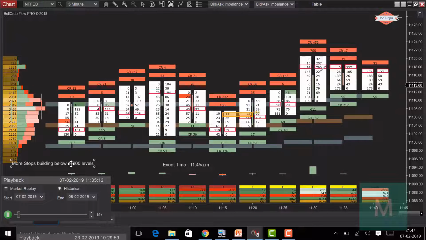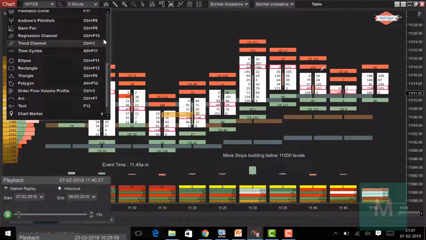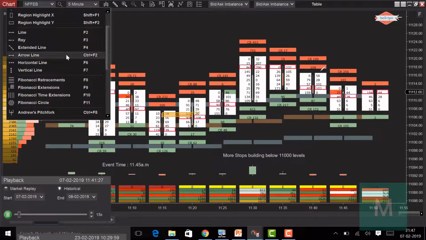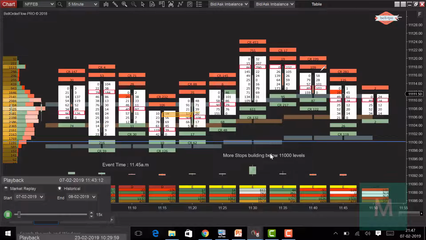At 11:35 almost. I just marked a line at 11,100 levels.